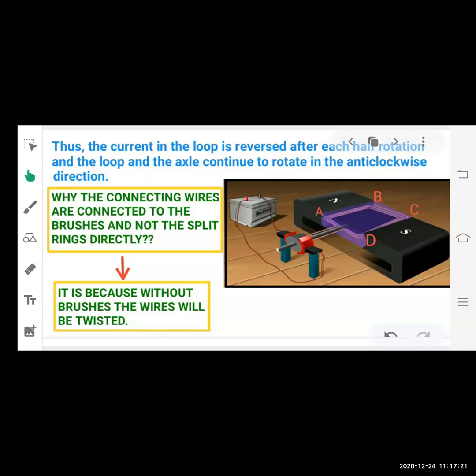So in order to avoid this twisting of wires, we use brushes. The split rings are kept attached with the coil. They are just touching the brushes and are not fixed to them, so the rings are rotating, but the brushes are fixed at their places. They are not rotating with the split rings.